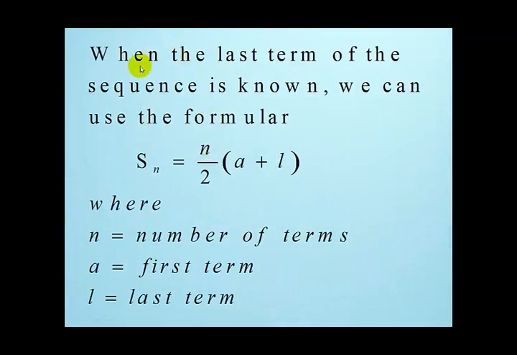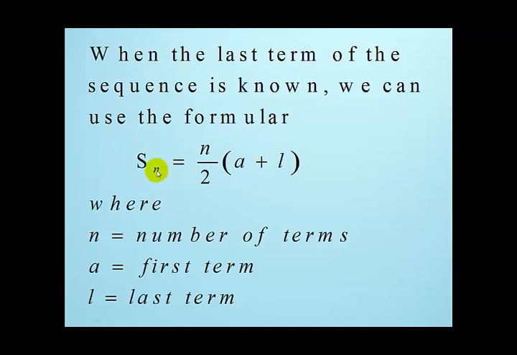Now, when the last term of the sequence is known, we can use the formula Sn equals n over 2 into bracket a plus l to calculate the sum. We can only use this formula when the last term of the sequence is known, that is, when the sequence is a finite sequence.